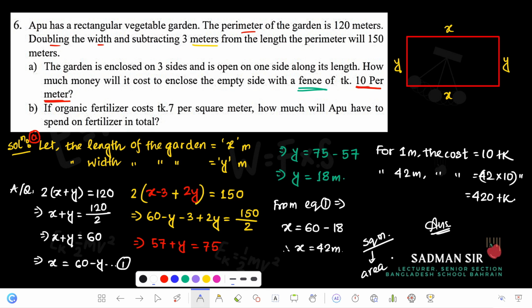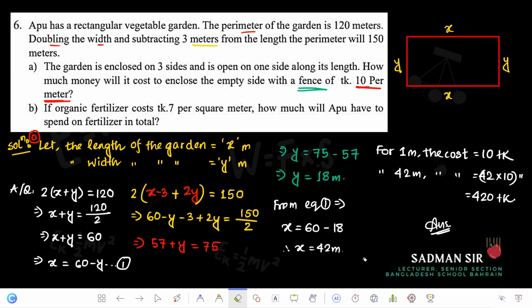Because to find the area, we multiply length and breadth. The formula for the area of a rectangle is length into breadth. Length is in meter, breadth is also in meter, so meter into meter gives us meter square, right? That is why whenever you see meter square, you need to understand that they are talking about area.